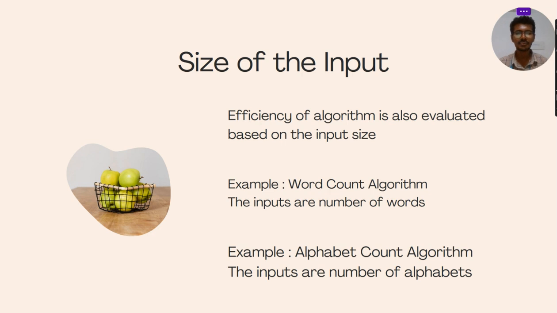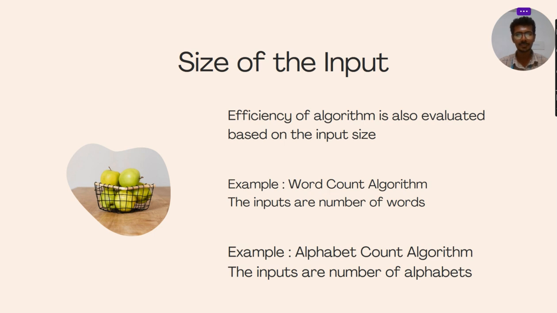In case we have an alphabet count, then for example if the word Malayalam is available, we may be able to identify M-A-L-A-Y-A-L-A-M. So based on the individual letter count, our alphabet count algorithm will work.